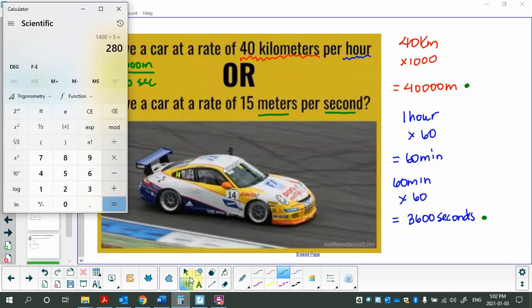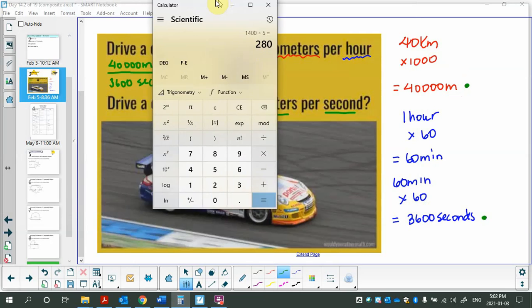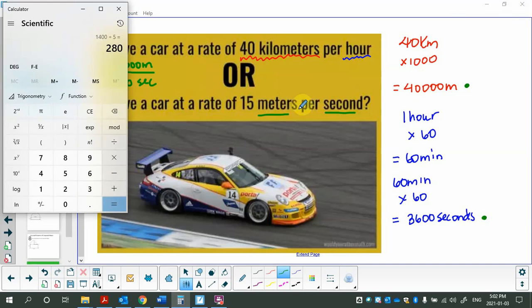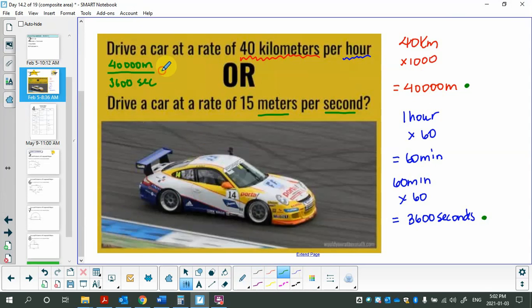I can't do that in my head, so I'm going to do it on the calculator. 40,000 meters divided by 3,600 seconds will be 11.111111. So I'm going to say that is 11.1 meters per second.